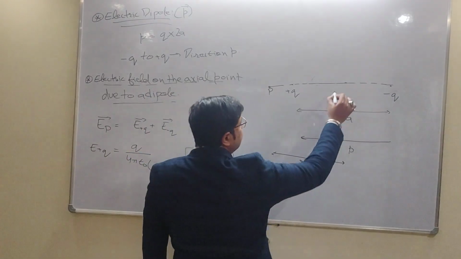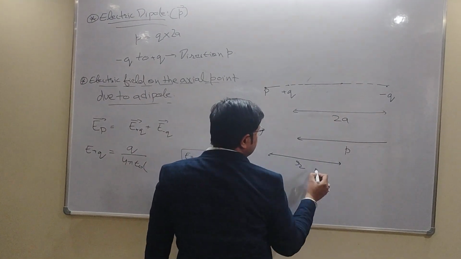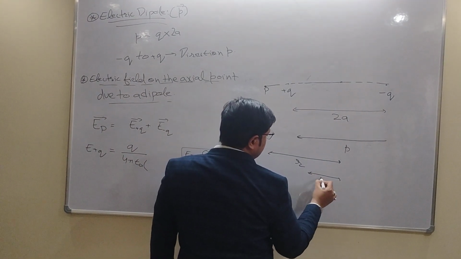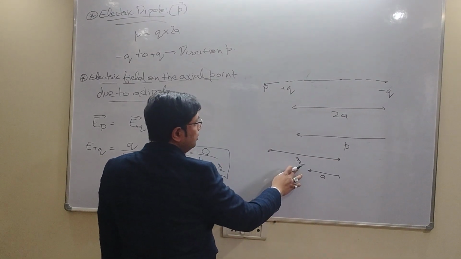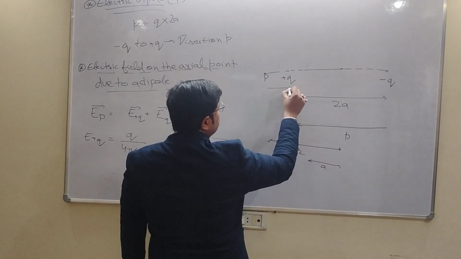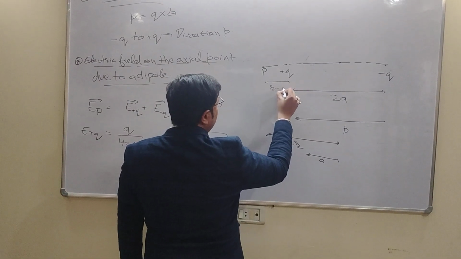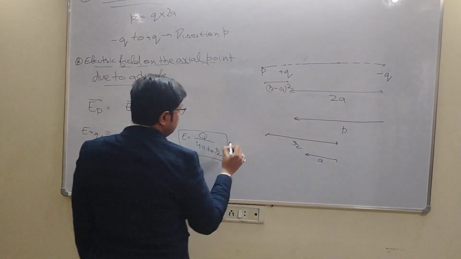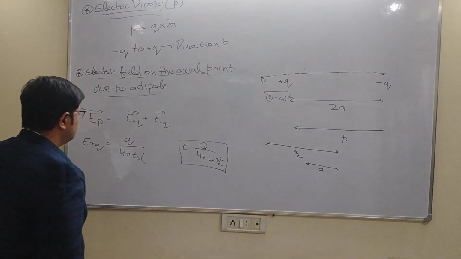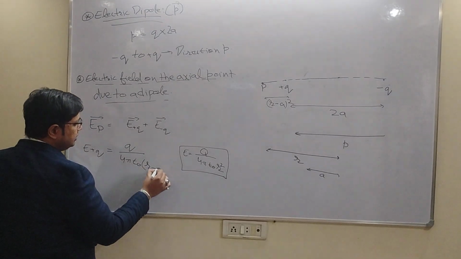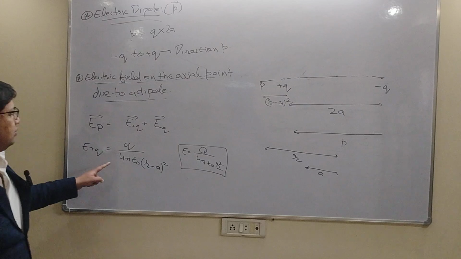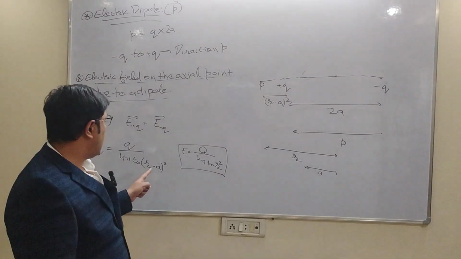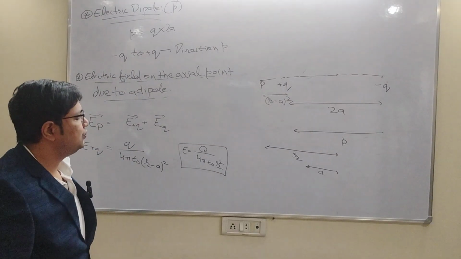When you see, this is the center, this distance becomes a, and from the center to the point P, the distance is r. So this distance is nothing but r minus a. This is squared, so it becomes r minus a whole squared. So E due to plus q is q over 4 pi epsilon naught (r minus a) whole squared.